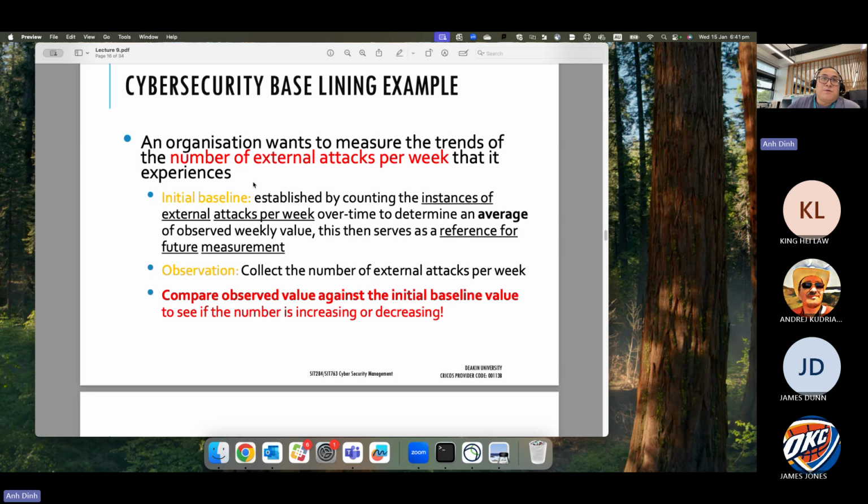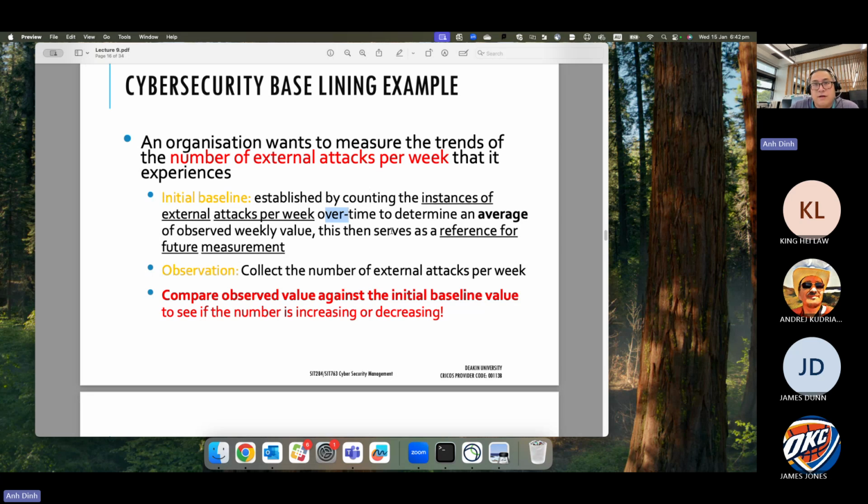So in this example, you can establish a baseline by counting the number of external attacks that happen per week over a certain period of time, like for example, in the month of January of 2025. You can use that as a point of reference.